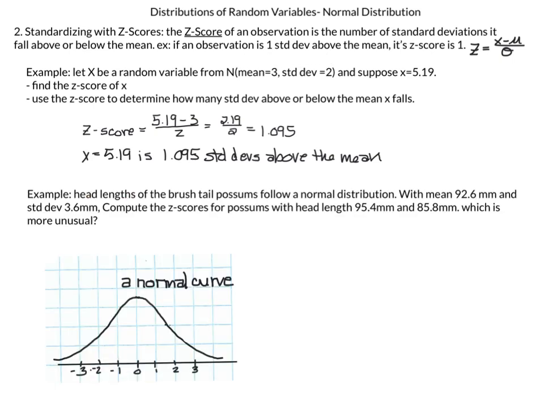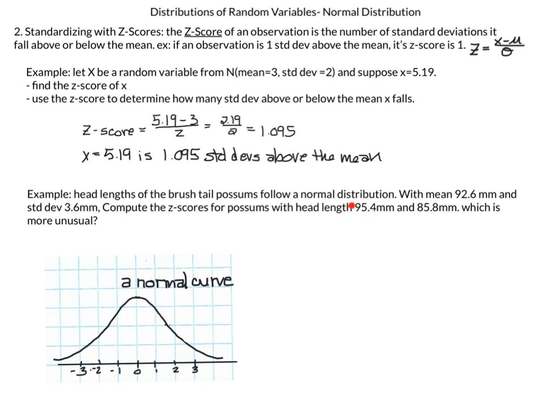Head lengths of the brush-tail possums follow a normal distribution with mean of 92.6 millimeters and standard deviation of 3.6 millimeters. Compute the z-scores for possums with head length of 95.4 millimeters and 85.8 millimeters, which is more unusual.